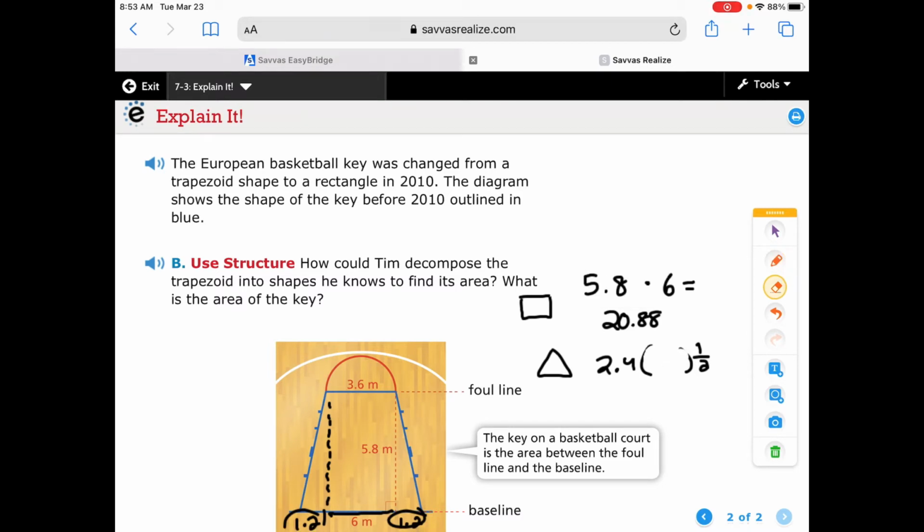That should be the height, which is 5.8. And that will get us 6.96. Then we take this and this added together, which is the result of 41.76 meters squared.